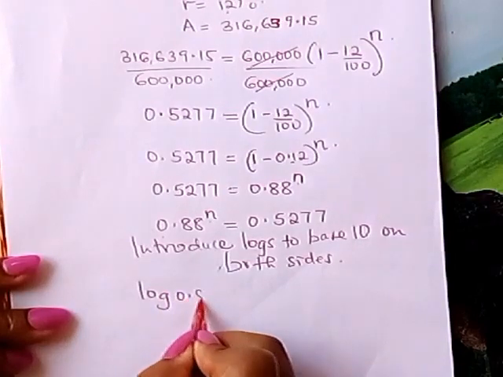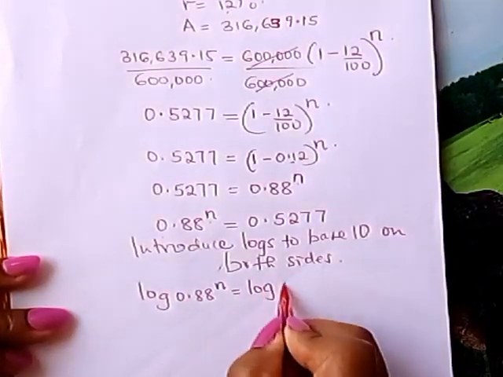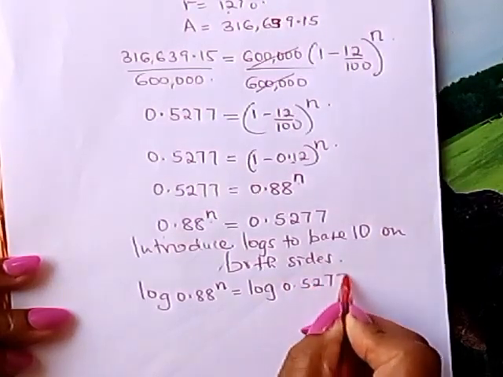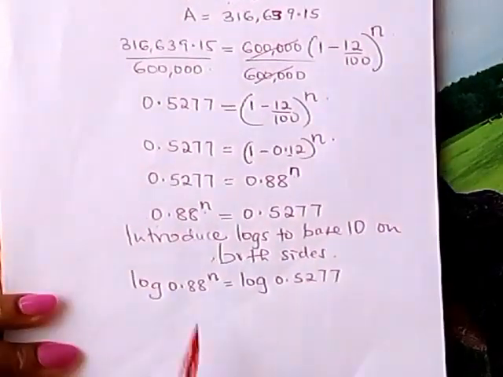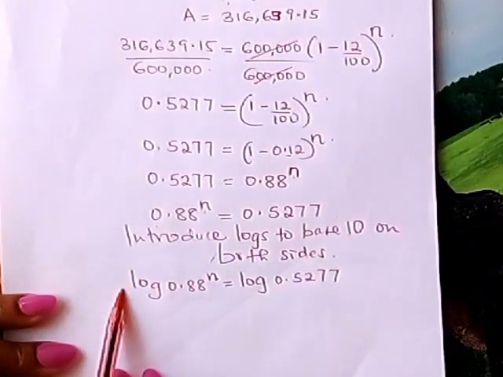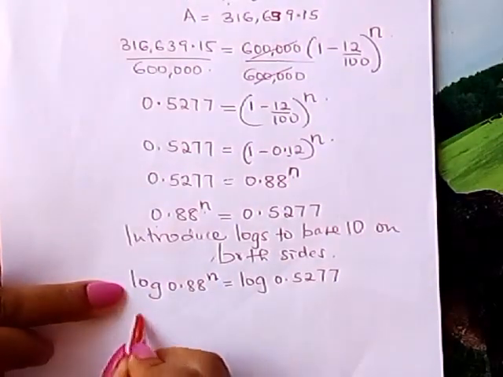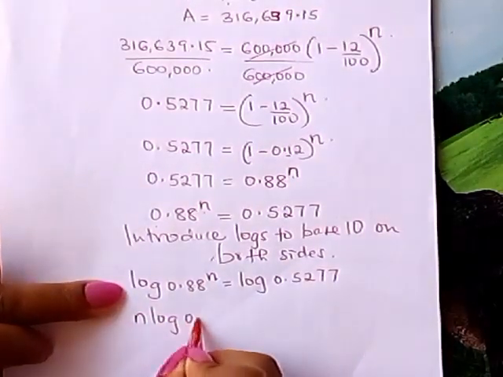Log 0.88 raised to N is equal to log 0.5277. From there, learner, we use one of the laws of logarithms where this power comes in front here. We bring N in front here. I know you have learned this with your teachers.